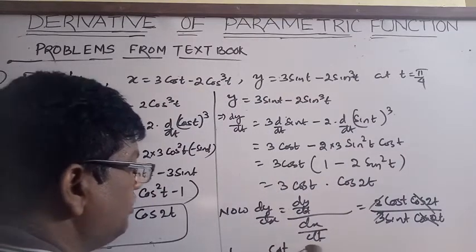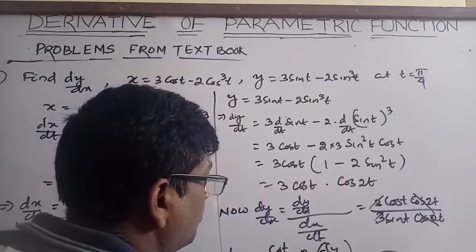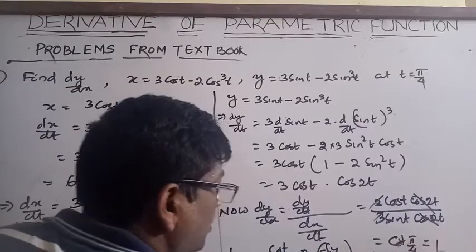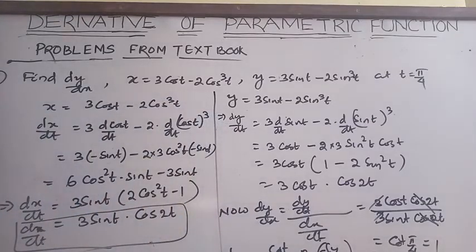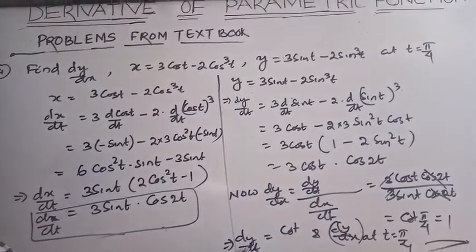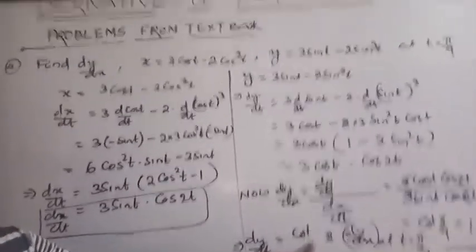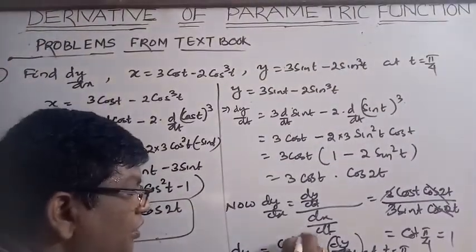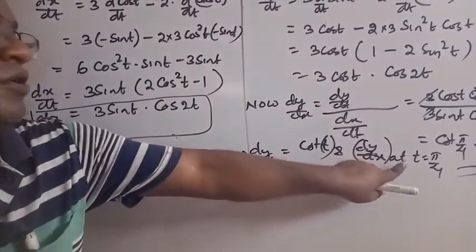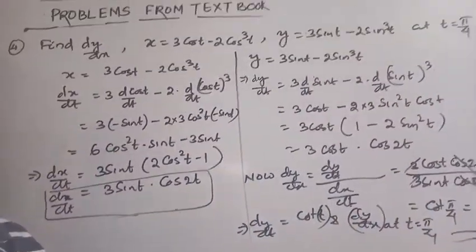And dy by dx at t equal to pi by 4 is cot pi by 4, which is equal to 1. This is the answer. Now another question.